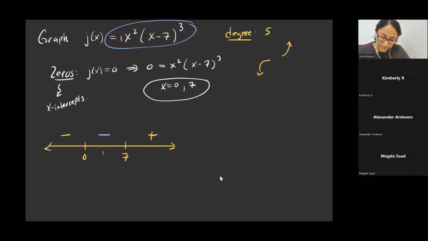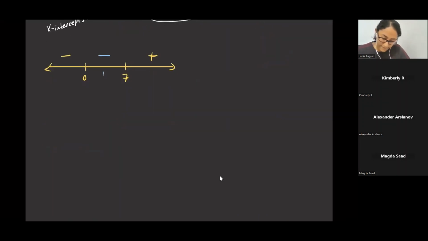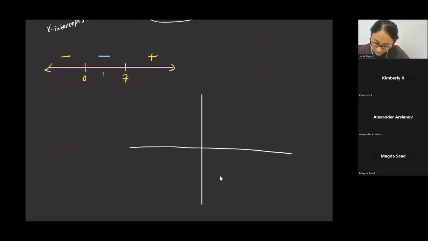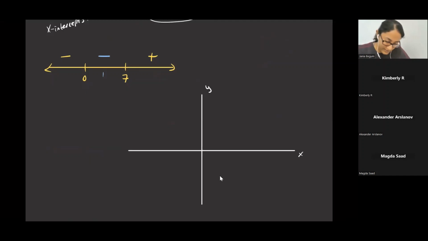So now we can come up with a graph. So here's our XY plane. Plot the zeros first. So I have 0, 0, and then 7, 0. Negative means you're below the x-axis. Positive means you're above the x-axis.